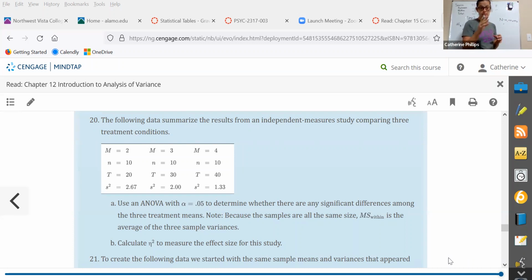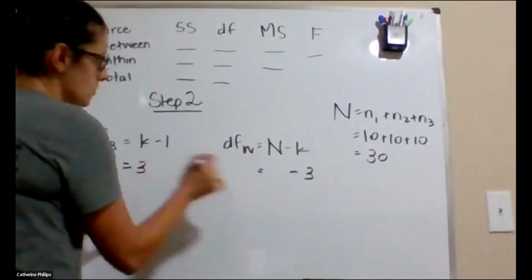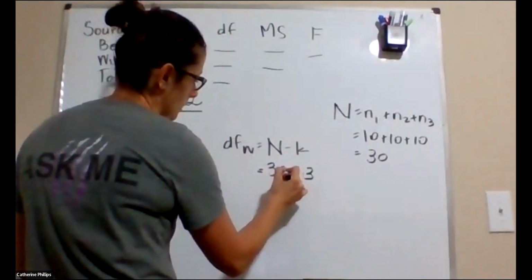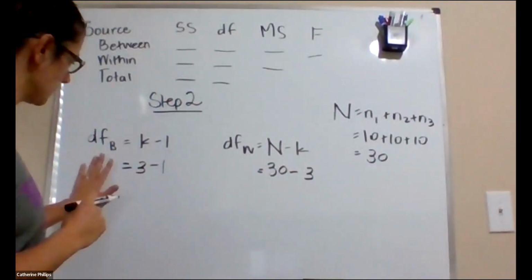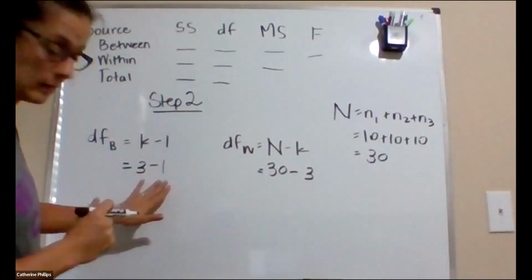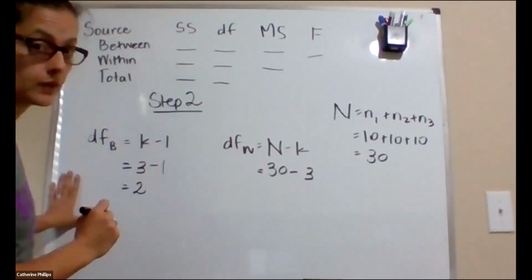In this case, each of our groups is the same size. So it's 10 plus 10 plus 10, because each group is 10. So it's 30. So we can put that number in here, and over here we have minus 1. So degrees of freedom between, we have 3 groups, minus 1. Degrees of freedom between is 2.